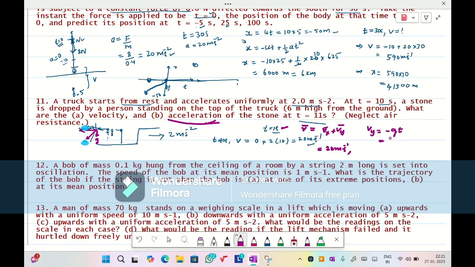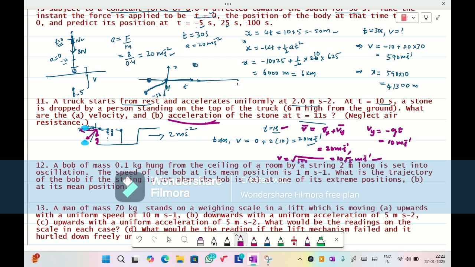So at t equal to 1 second, that is 10 meter second inverse in downward direction. The minus indicates downward direction. So therefore V is equal to root over 20 square plus 10 square, 400 plus 100, means root over 500, that equals 10 root 5 meter second inverse.